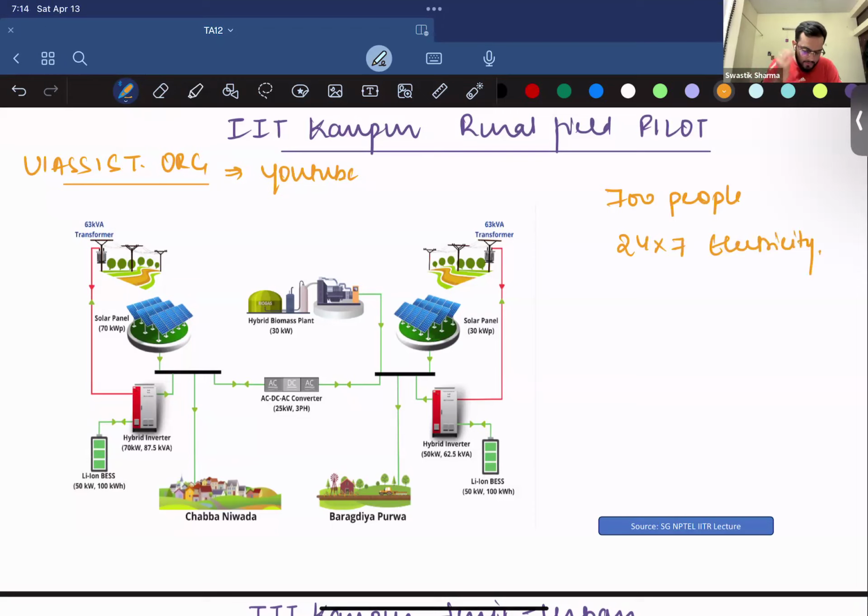So for that, we first installed a 63 kilovolt ampere transformer, and we also installed a 70 kilowatt solar PV panel.